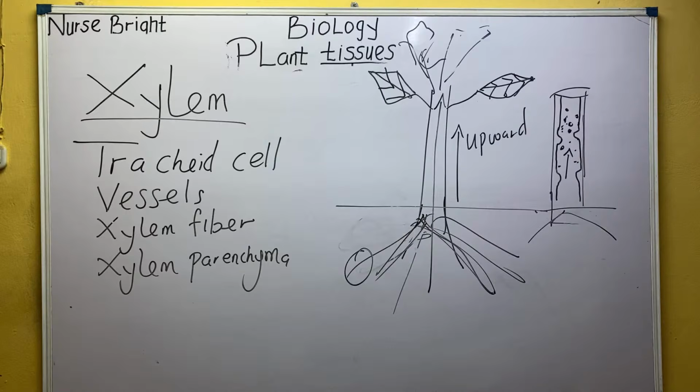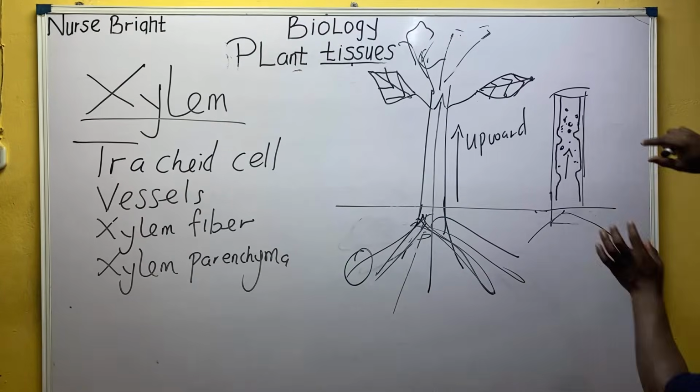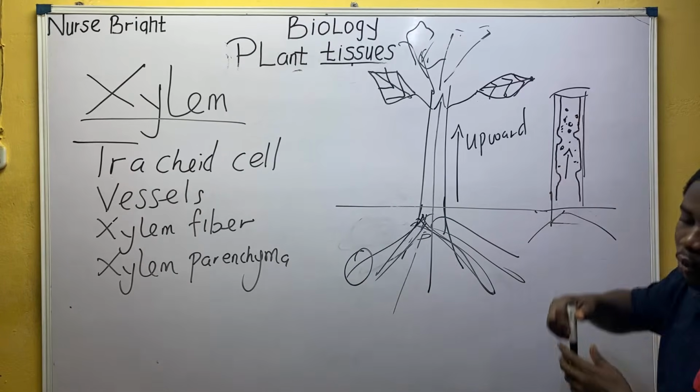Okay, now let me quickly sketch. Sorry, the transport of water and minerals, sorry, is minerals and water. Alright, thank you so much for that. So let me quickly sketch the diagram of xylem tissue. Though I just showed us inside the stem, let's understand how the tissue really works.